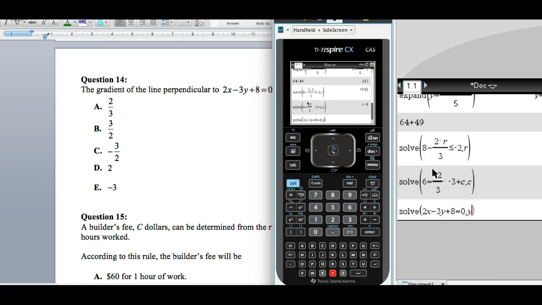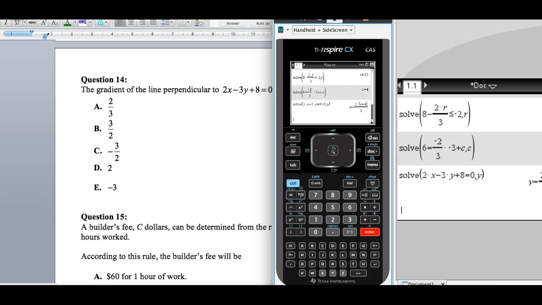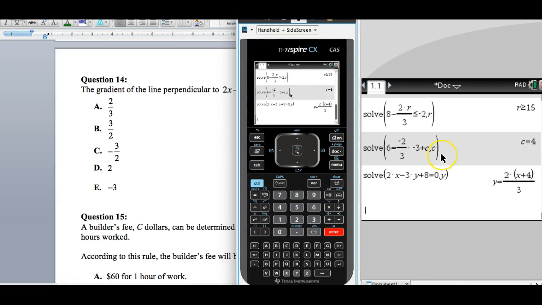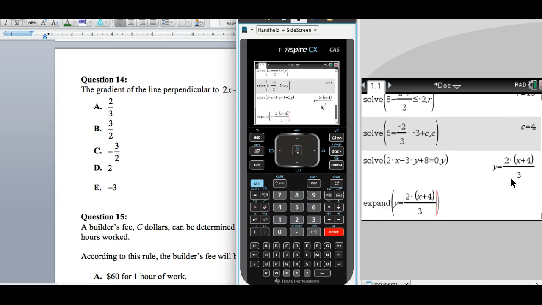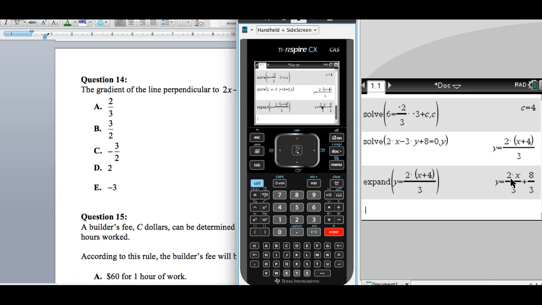So I type it in, 2x minus 3y plus 8 equals 0. We want it in the form y equals, and we can't really see it there, so let's move it over. If you're finding that a bit hard to see, do expand. So my gradient for this one, I'm going to circle it.